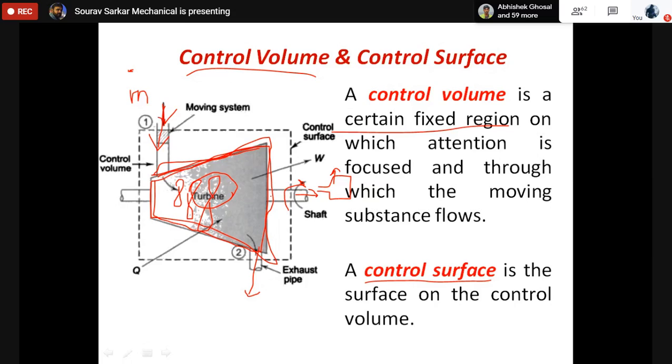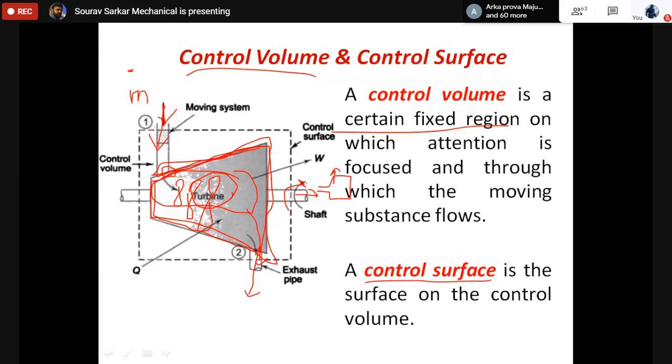So what is happening here is that some mass is entering, it has some energy and it is undergoing a physical process, and finally after the process it is leaving the system. During this whole thing, the incoming mass is losing energy, and that energy is finally converted into useful work which can be used for any purpose.